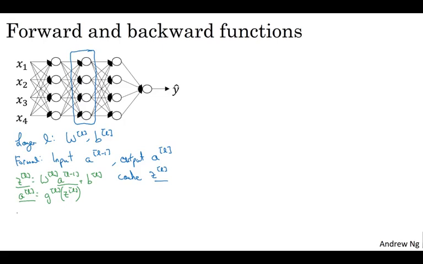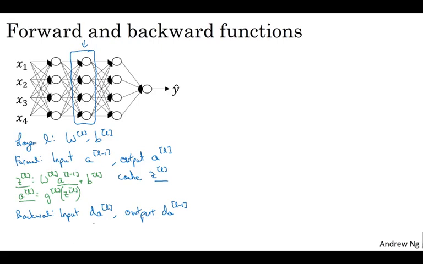And then for the backward step, or really for the back propagation step, again focusing on the computation for this layer L, you're going to implement a function that inputs dA of L and outputs dA L-1.